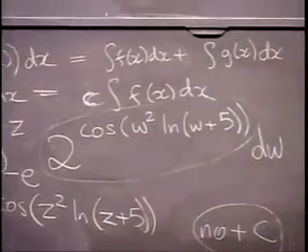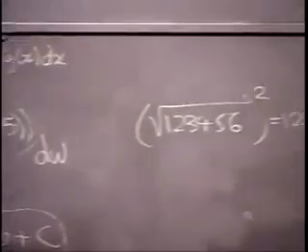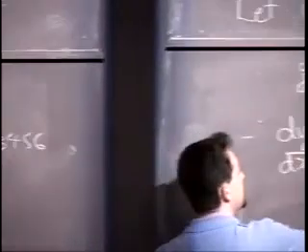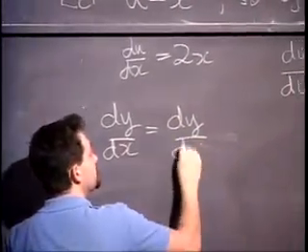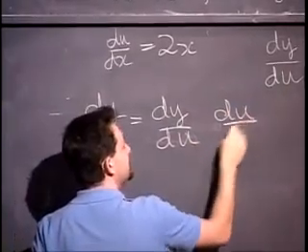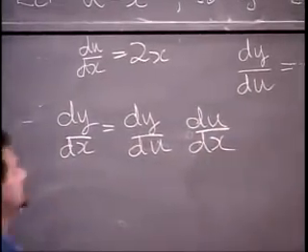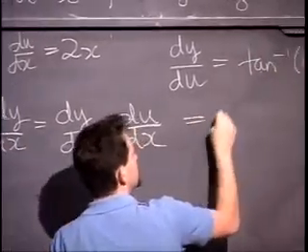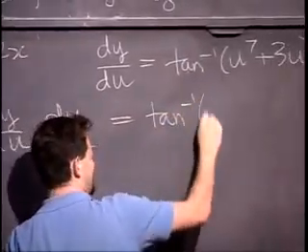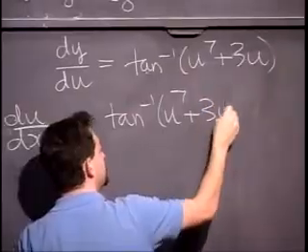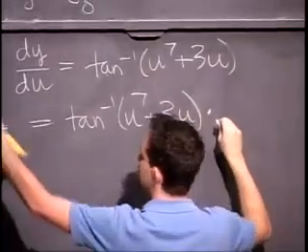Okay, well, now we just use the chain rule. dy dx, which is what we want, is dy du times du dx, that's just the old derivative chain rule. Forget the integrals, that's all it is. And we found both of these quantities. dy du is inverse tan u to the 7th plus 3u. And du dx is 2x.